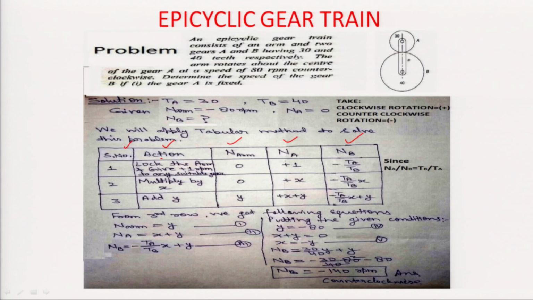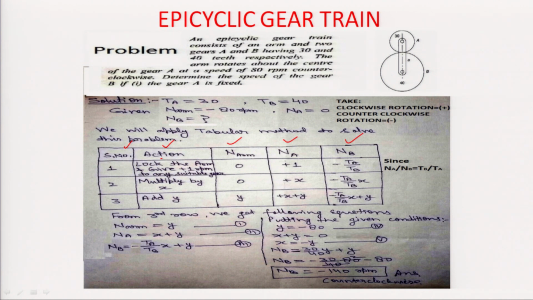The third column represents the speed of the arm, the fourth column represents the speed of gear A, and the fifth column represents the speed of gear B.